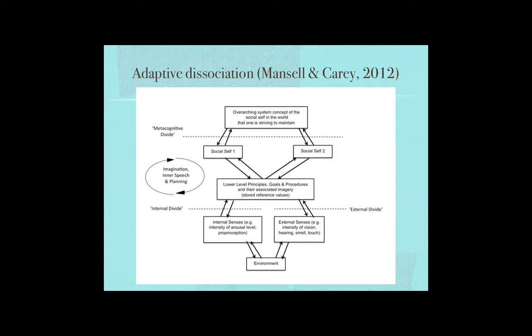And in the controlled mode in PCT, this whole system is linked horizontally. But we get what's called the imagination mode, which is represented by this cycle, occurring when you have short circuits, if you like, in this system, horizontal splits. And this allows us to represent some of our goals and principles internally without necessarily connecting that with action at the lower levels.